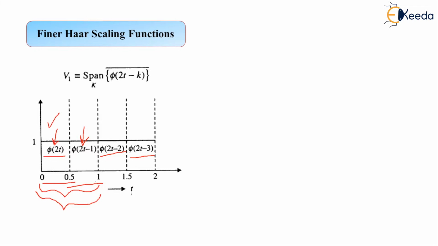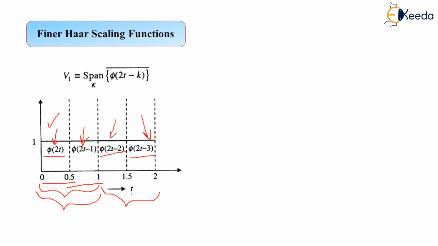Phi of t minus 1 was spanning the amplitude level 1 for t equal to 1 to 2. So here we have two parts, the first part of it and the second part of it. I hope you are getting my point that we are reducing the time interval for the functional basis and forming a new basis set.